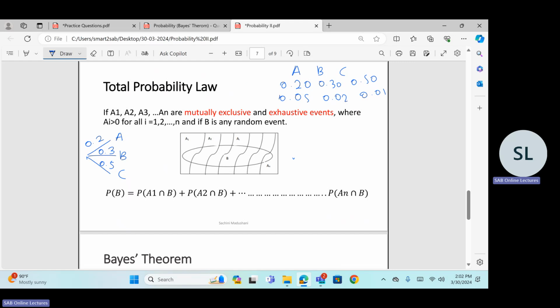When we use machine A in our production, what is the probability of getting a defective item? 5%, and the non-defective is 95%. Using machine B to produce the output, what is the probability of getting a defective? 2%.